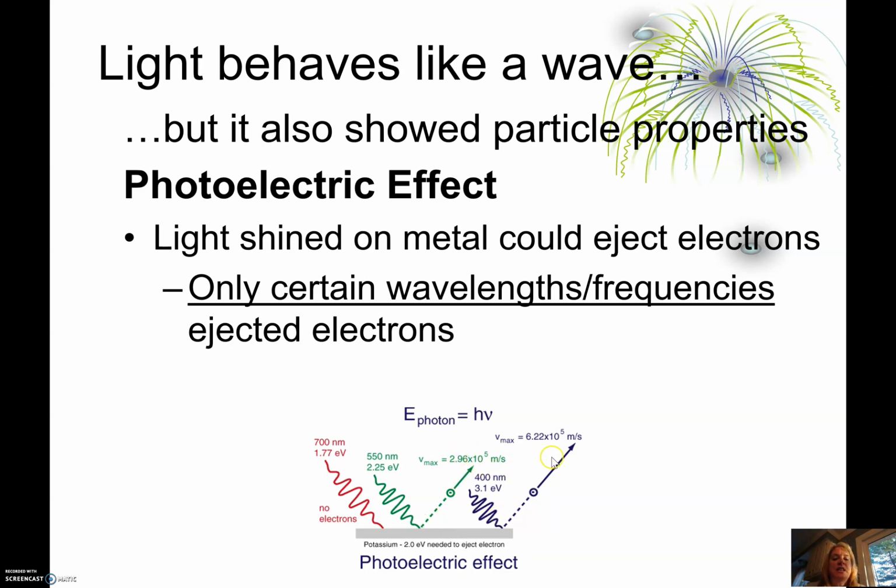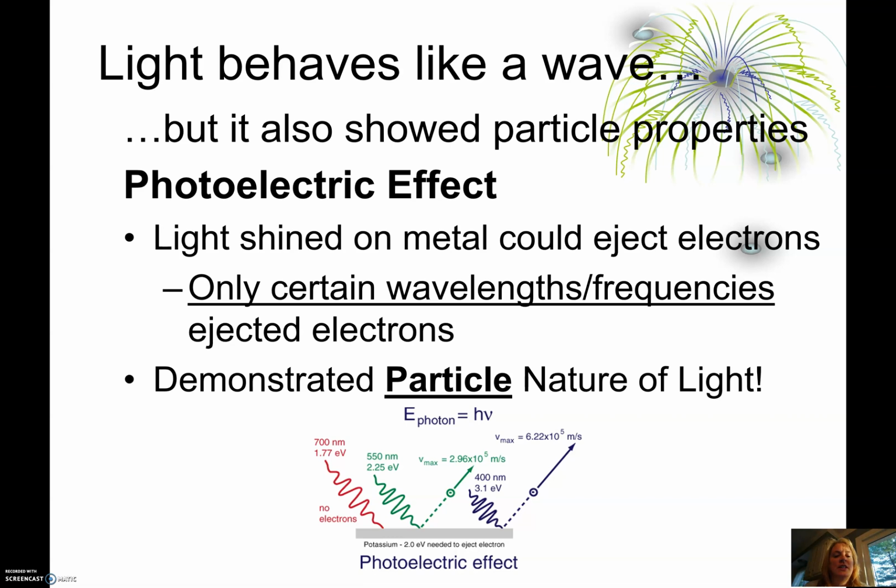What's interesting is that this also proves that light has energy and that frequency is related to energy, because the more we dial up that frequency, the more energy those electrons have when they come out. Totally cool. So the photoelectric effect demonstrates the particle nature of light. What?